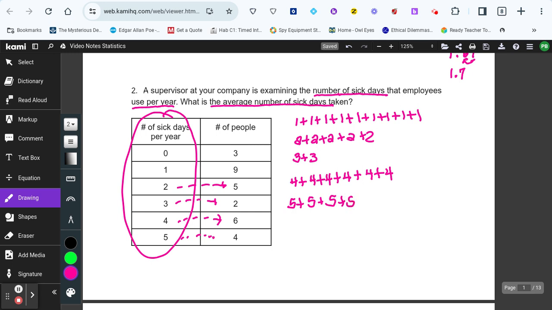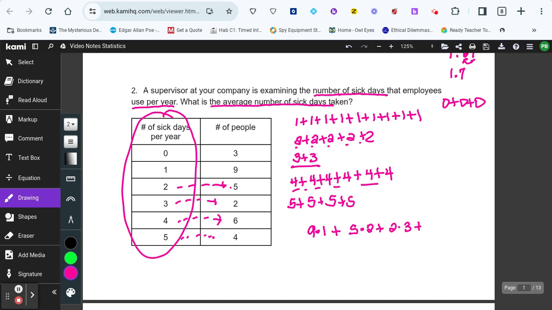And then 3 people took 0. So really what you're doing is you got a whole bunch of numbers. You got the number 1 that occurs 9 times, which is just really 9 times 1, plus the number 2 occurred 5 times. So that's really just 5 2s. This 3 occurred 2 times. So you don't have to add these all up one by one.